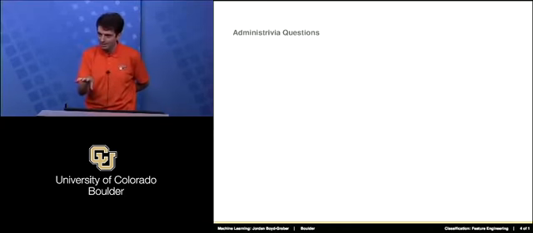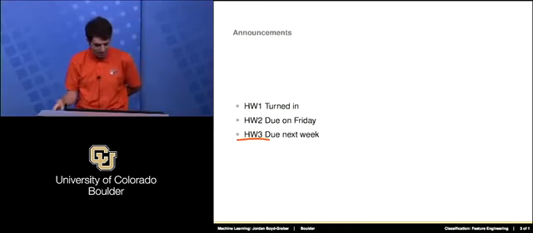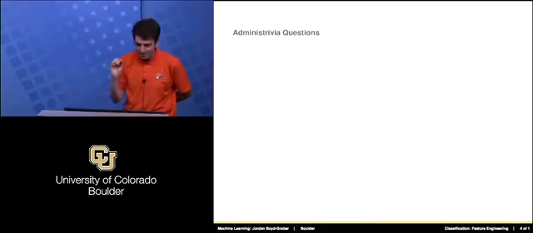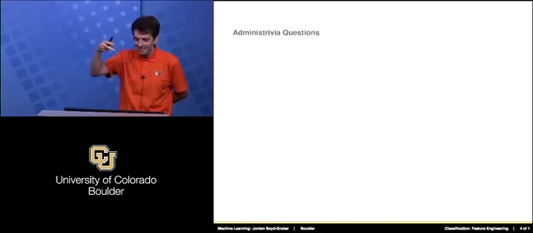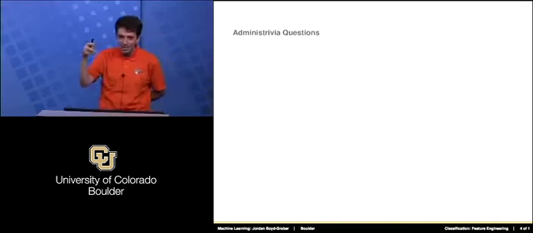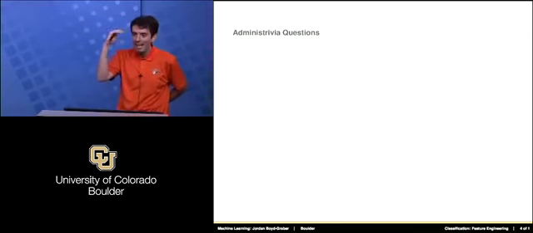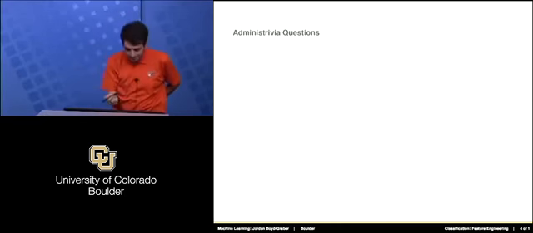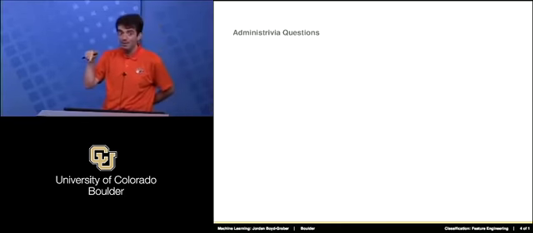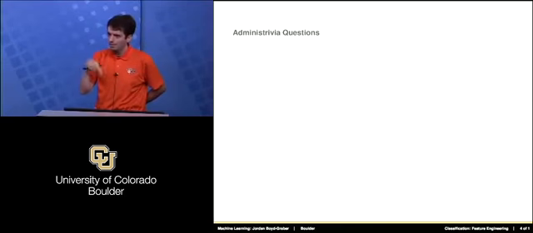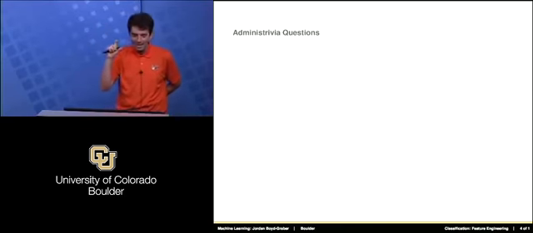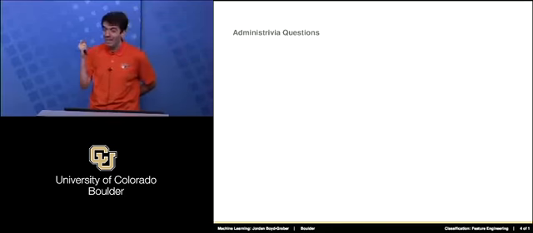Administrivia questions. One question that did come up earlier is there are 2 videos, at least at this point, that aren't on Echo: the one for today that you hopefully watched, and also the one for Rademacher complexity, which is in a week and a half.